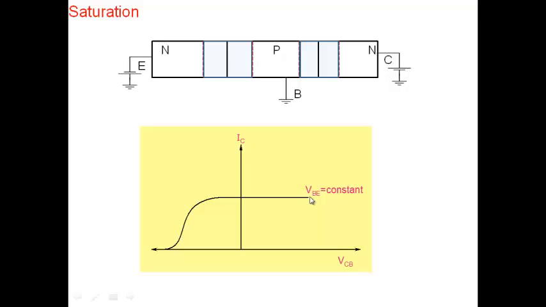When I'm here, the collector is positive, so my base collector junction is reverse biased. And we saw that once the junction is reverse biased, it doesn't do anything to the current. So the current is flat. As I keep on reducing the collector bias, the current doesn't change. Later on in the course, we'll see there's a slight small variation, but to a first order approximation, the current doesn't change. So it remains flat because my collector is reverse biased.